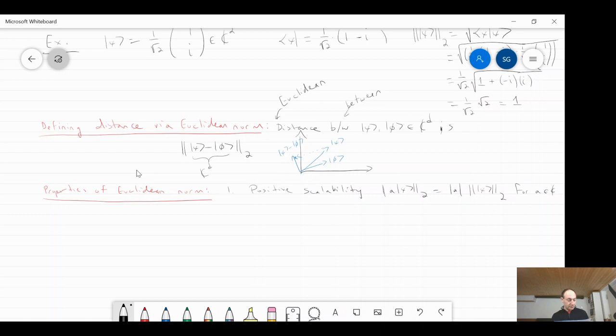All right. Okay, and the second one is the triangle inequality, right? This is one of the simplest and yet most useful statements in mathematics, certainly in linear algebra.